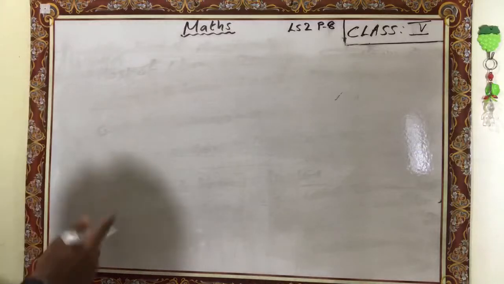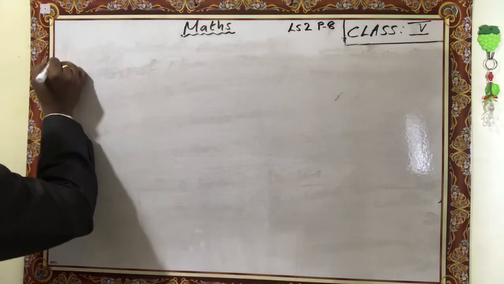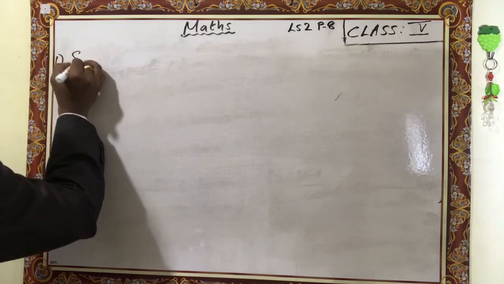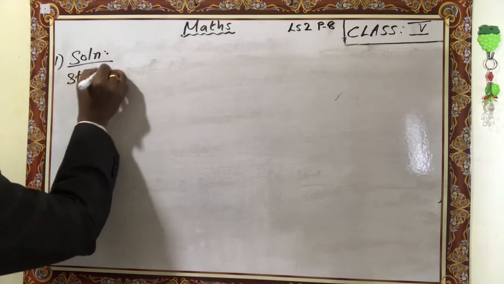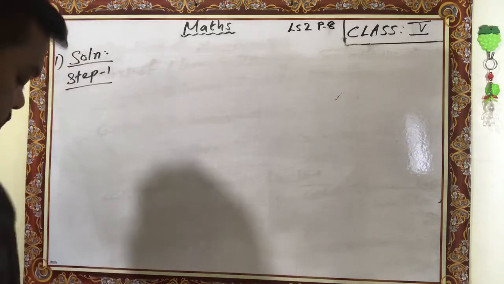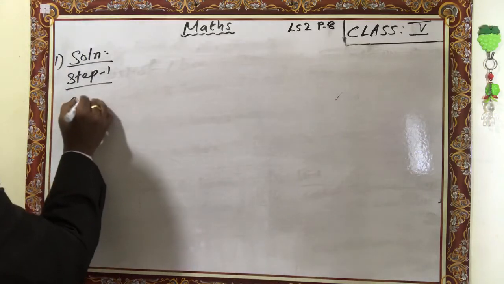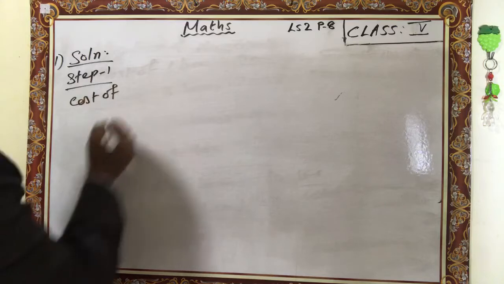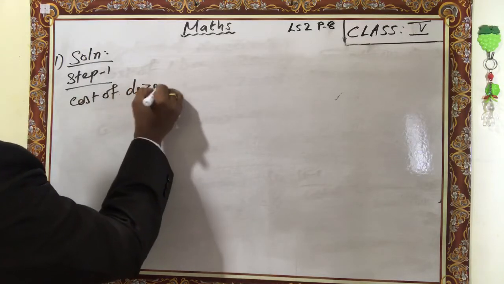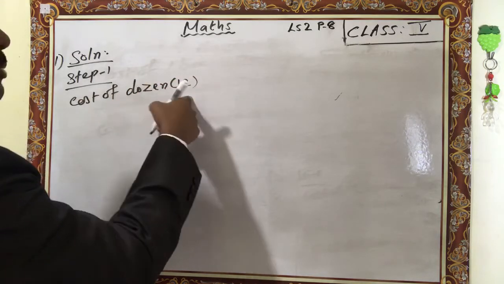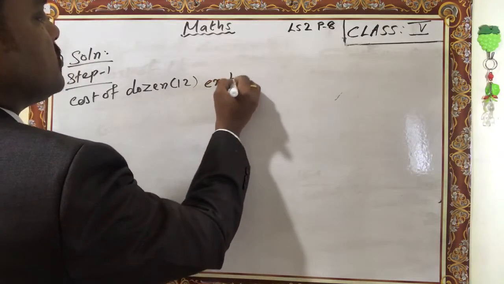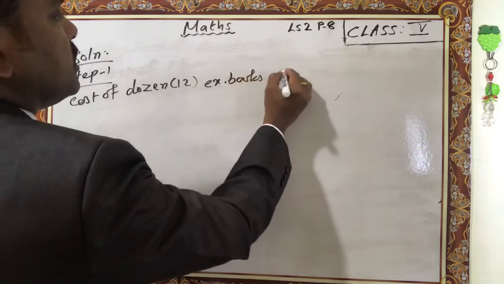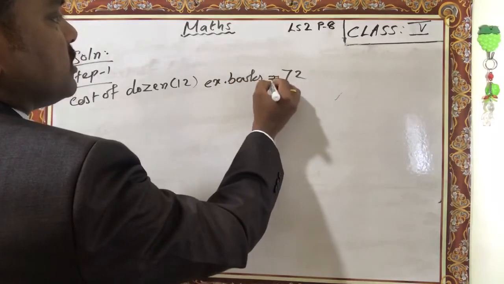So there are 2 steps. Solution, Step 1. Cost of a dozen, dozen means 12, 12 exercise books is equal to 72 rupees.